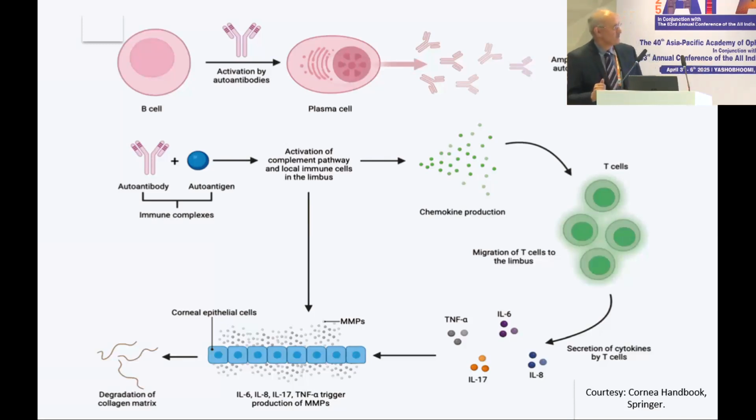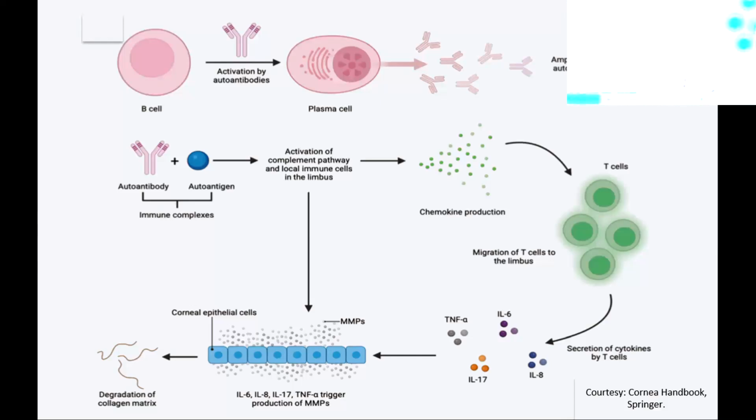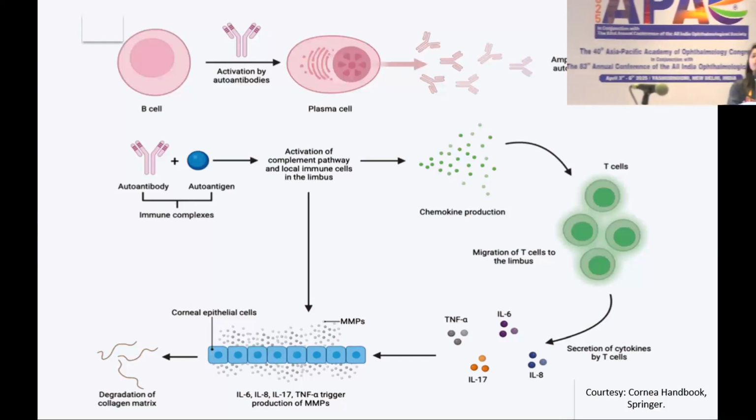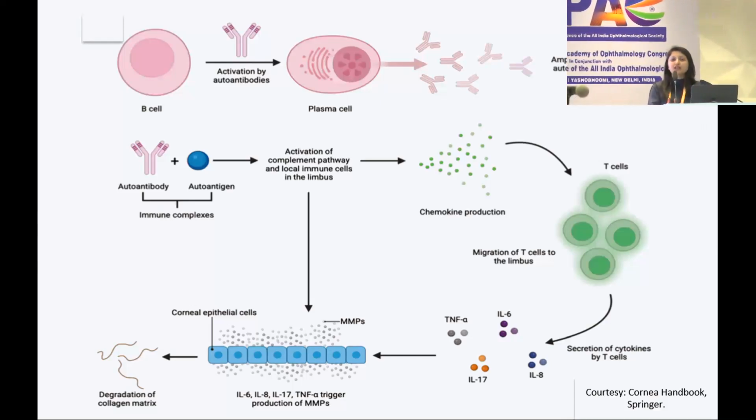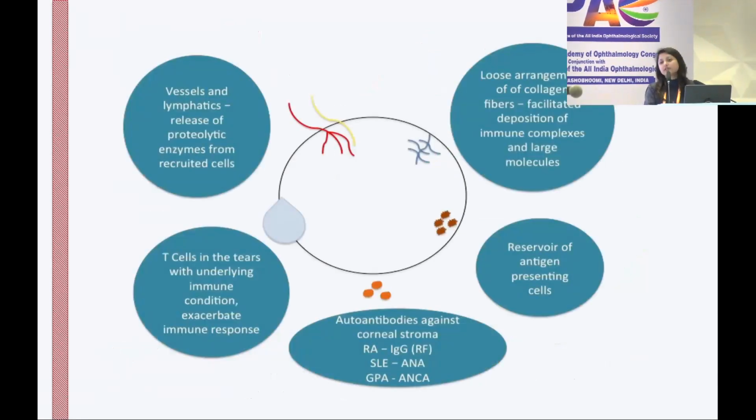Please carry on. So now we've understood why there is autoimmunity here, and those antibodies and antigens form complexes. Now these are large complexes. It's only the peripheral cornea that has access to blood vessels and the lymphatics associated with them. The central cornea is devoid of these blood vessels.